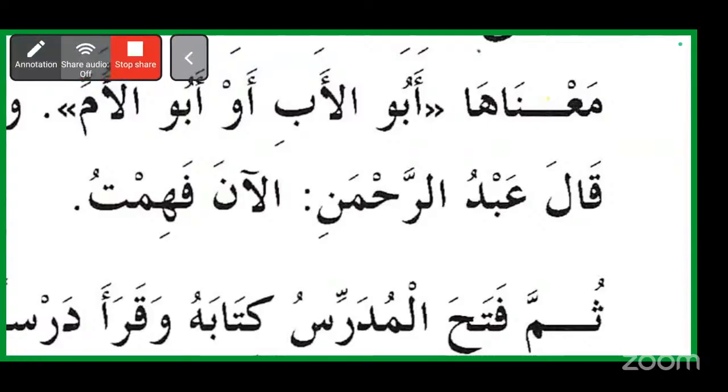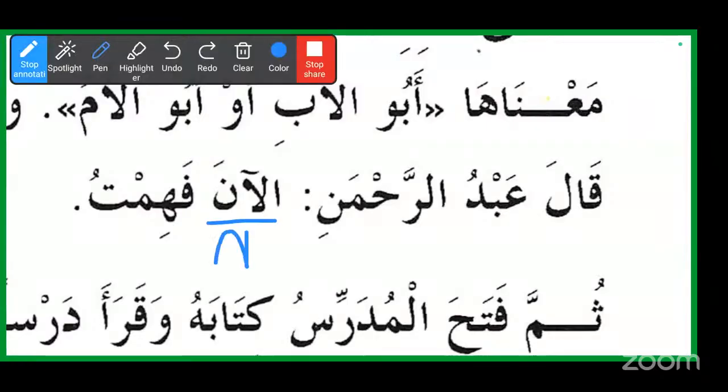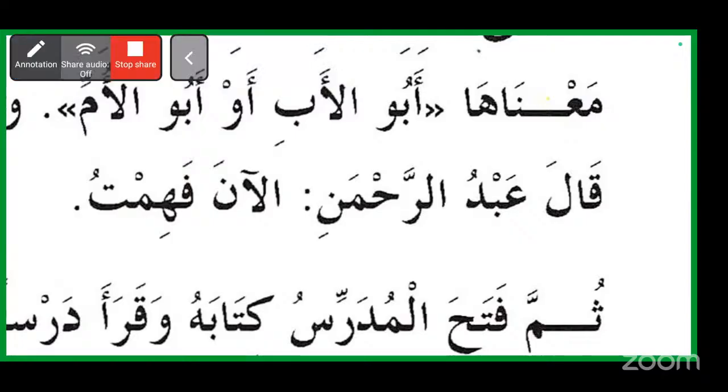Now I understand. Now is the object of time or place, right? Adverb of time and place. Maf'ulun fi. You see the fatha? The nasab, this is mansoob. Fahimtul ana or al ana fahimtu. Now I understand.